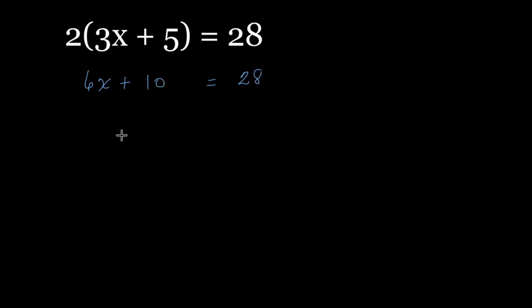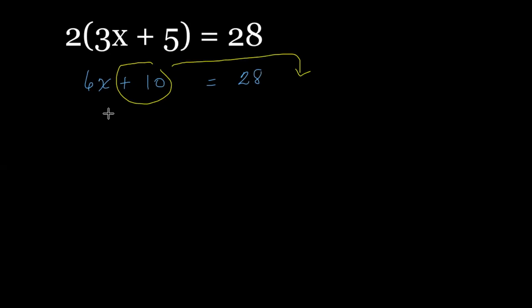All right, now what's happening here is that we have a constant by itself, right here. So we want to get rid of that because, remember, we're looking for x. We want to get x on the side by itself, okay? So the first thing we want to do is transpose this, which means we want to take it over here.